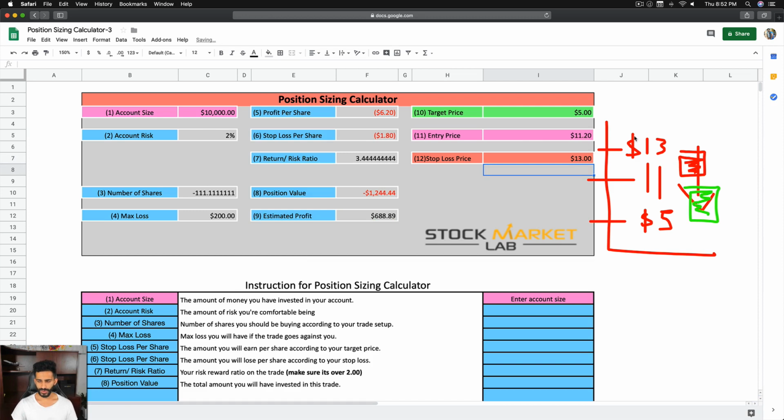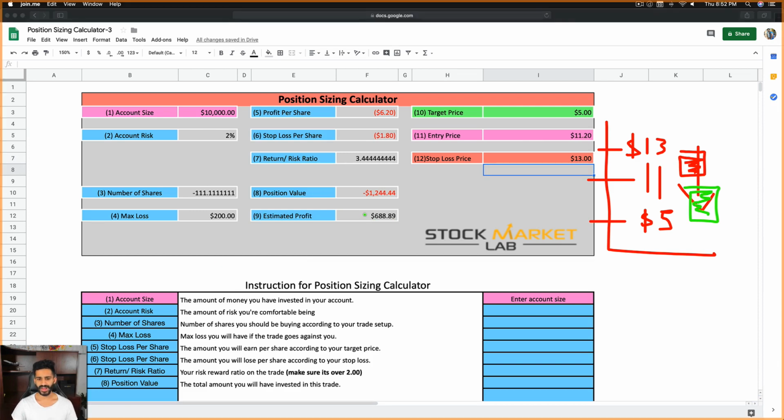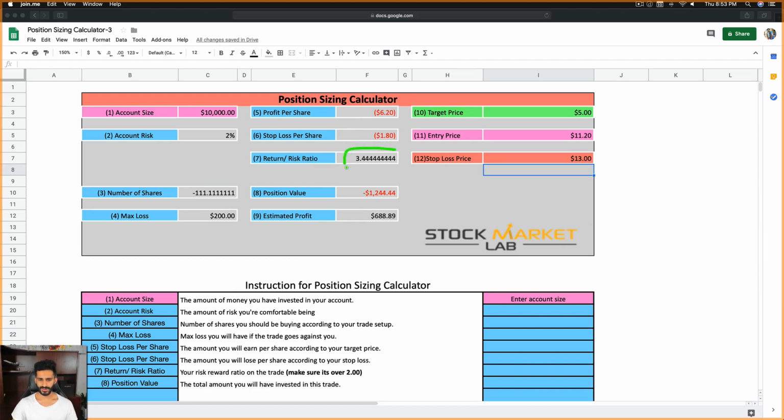Now, when I do that, what you guys have to understand is this is kind of going to put some things out of order, but just stay with me and I'll break it down. This is going to get negative, right? This is negative because, once again, we're shorting. These are going to be negative. But the only thing we care about is this right here. Is it above 3? Yes, it's above 3. How much are we potentially making if we're right?